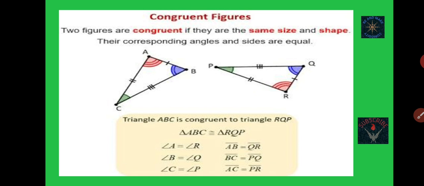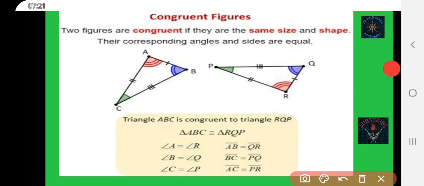See, first, congruent figures. Two figures are congruent if they are the same size and shape. Their corresponding angles and sides are equal. So, friends, two triangles are said to be congruent if they have the same size and same shape.